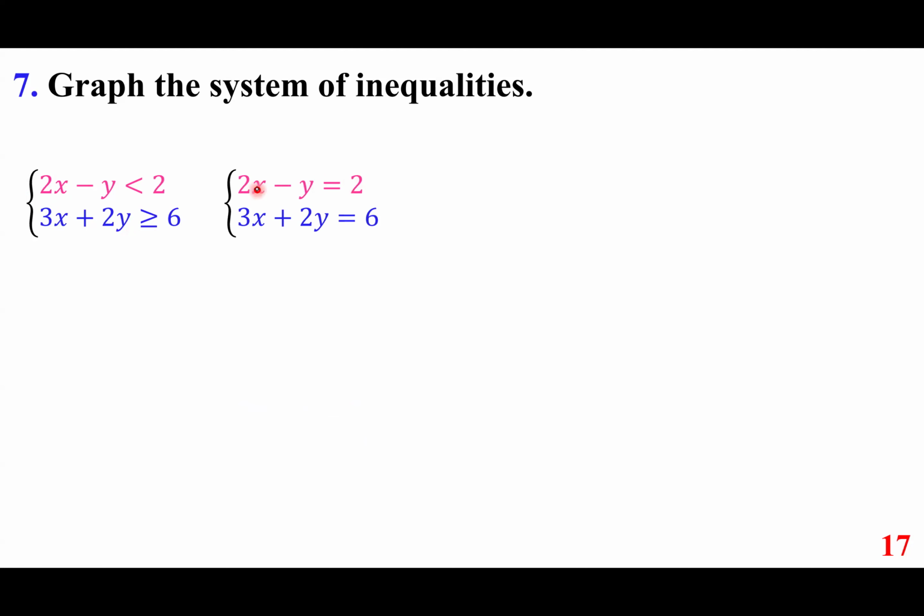For this one, I'm going to need 2 pairs. So I'm going to go with the x and y intercept. If x is 0, y becomes negative. If y is 0, x becomes 1. This one, if x is 0, y is 3. If y is 0, x is 2. So those are the intercepts.